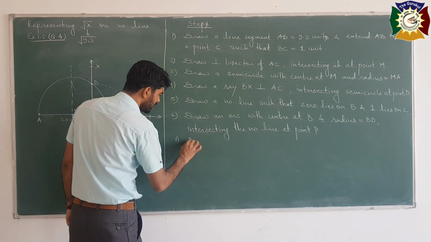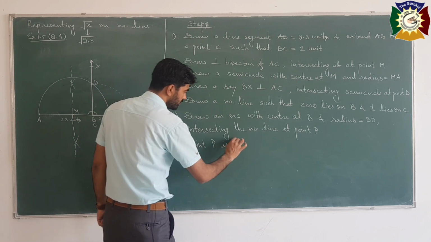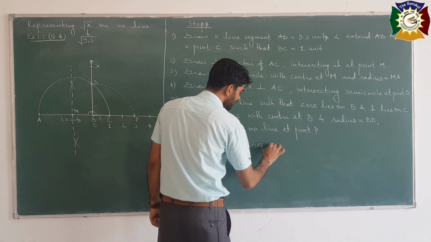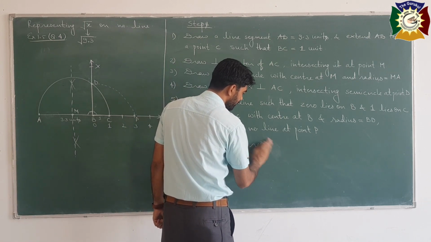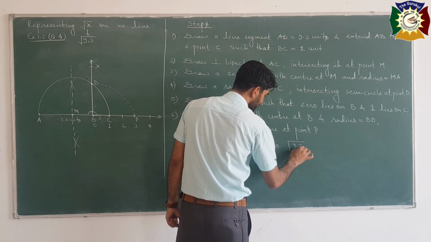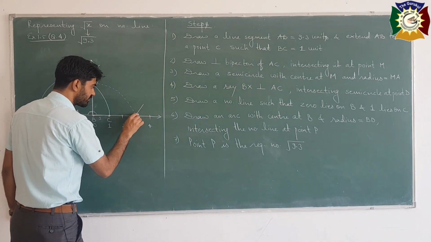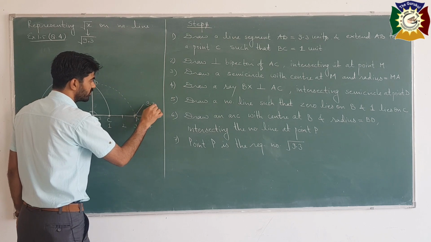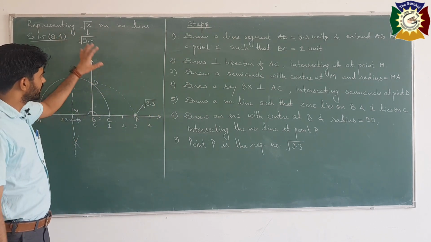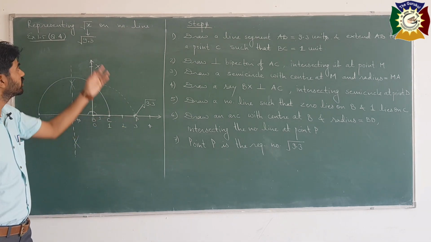So point P is the required point, or we can say required number, root over 9.3. So this way we can represent the square root of any number on the number line.